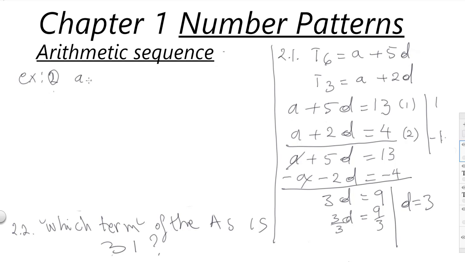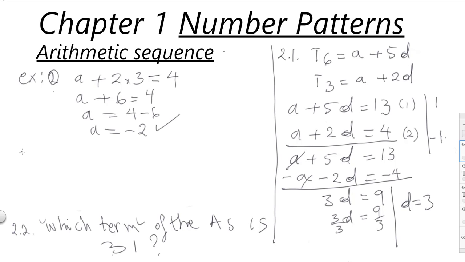We have a first term plus 2 times common difference, which is 3, and then here we have 4. So we'll have a 6. When you transpose, we have 4 minus 6. So our first term is equal to minus 2.